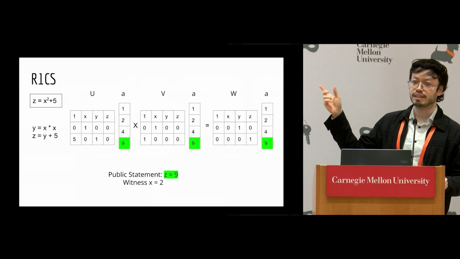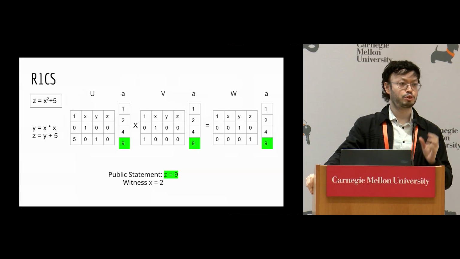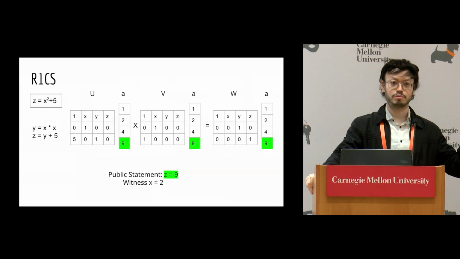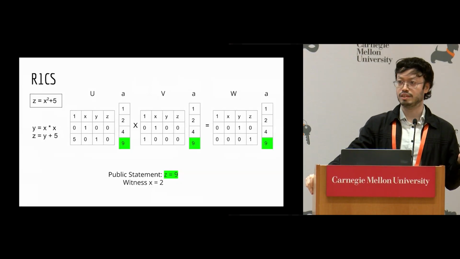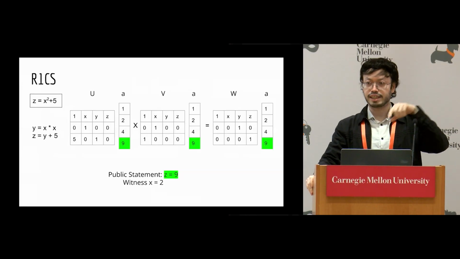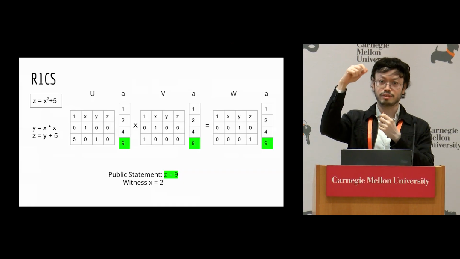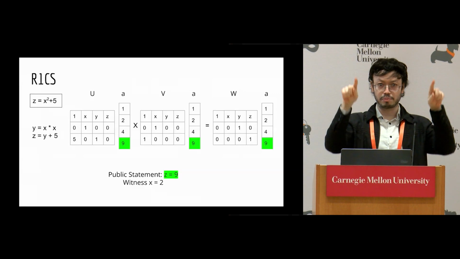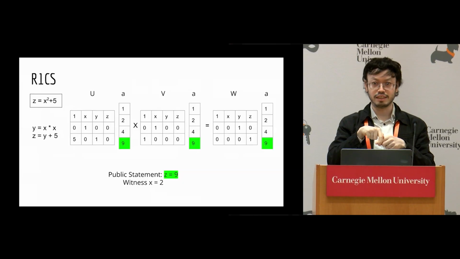So how does this proceed? Let's say you have an equation like z equals x squared plus 5, okay? And for a particular value, let's say z equals 9, you want to show that there is some solution to this system, okay? And the prover has such a solution. So x equals 2 actually gives you such a solution because x squared plus 5 is 9 in that case. How this translates to R1CS is that you would lay out the circuit evaluation of this x squared plus 5 circuit, starting from x and going all the way through to z, okay?